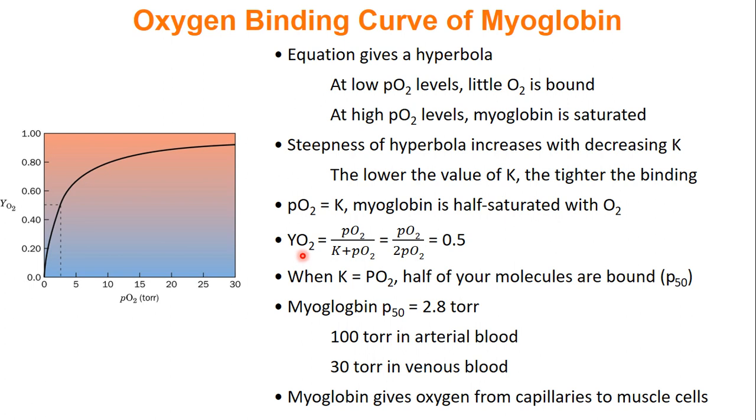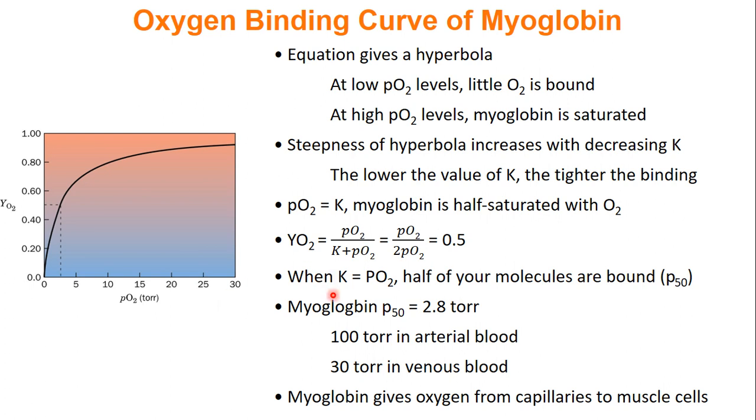So one way to say that mathematically is that our fractional saturation equals PO2 divided by K plus PO2, where P is pressure again. At half saturation, the pressure of O2 equals K, so our equation is actually pressure of O2 divided by 2 PO2.